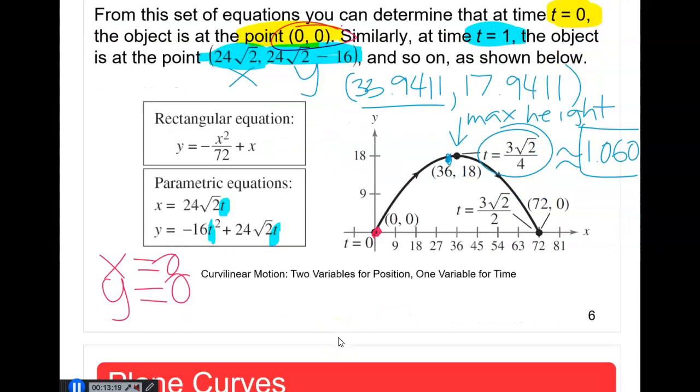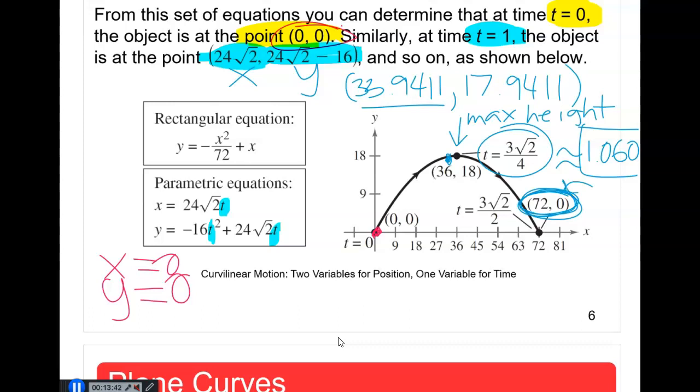And so of course you could continue finding things, and if you know that the object landed 72 feet away from where it started, and the height was 0, as you can see here, that's why we say it landed.